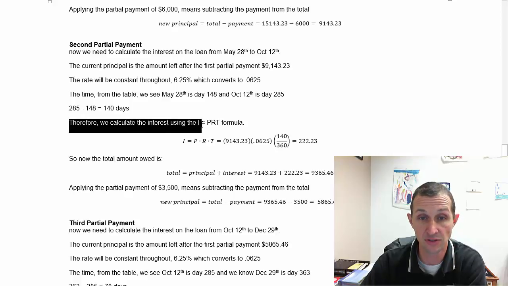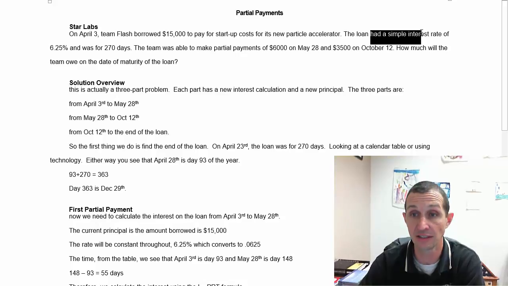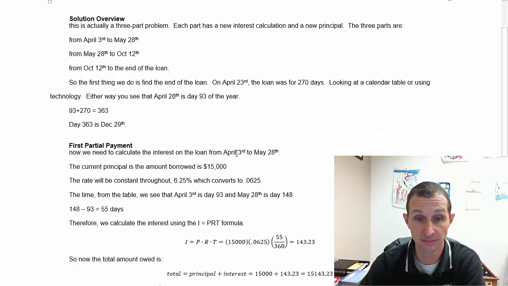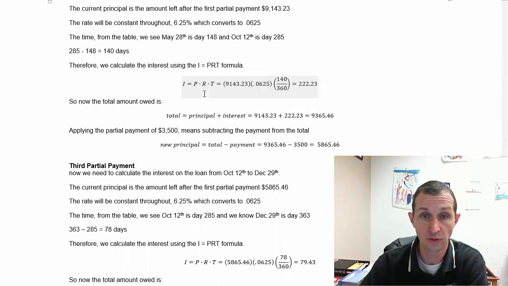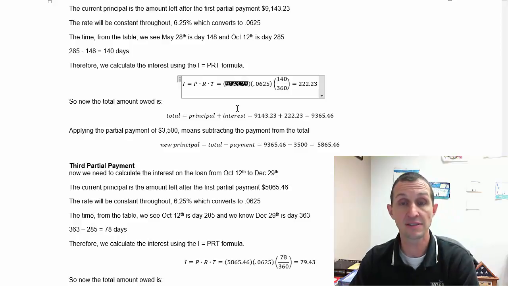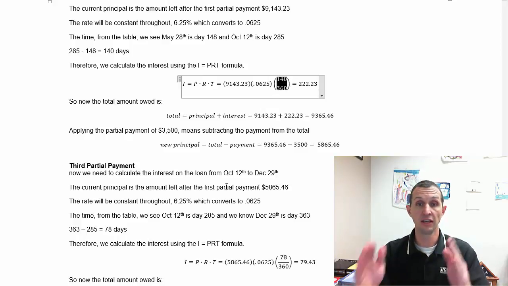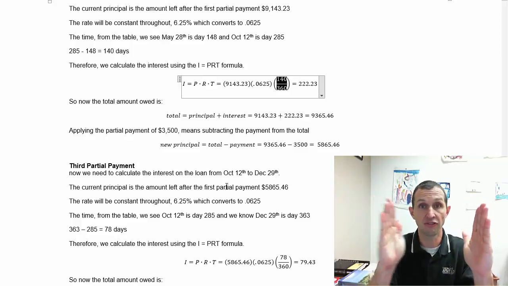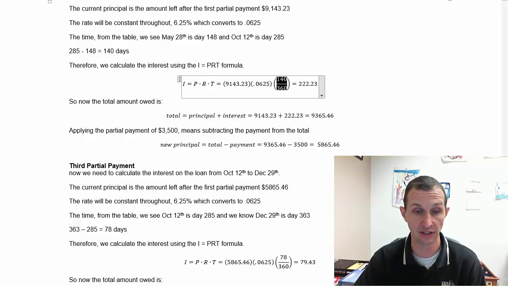Therefore, we calculate the interest using the I equals PRT formula because, again, we're still calculating simple interest. Okay? And so, we have $9,143.23. Remember, that's the amount after that first partial payment times the constant rate times the 140 divided by 360, right? So, again, we got to take the time in years and find the part of a year. I've got to find that fraction of a year.